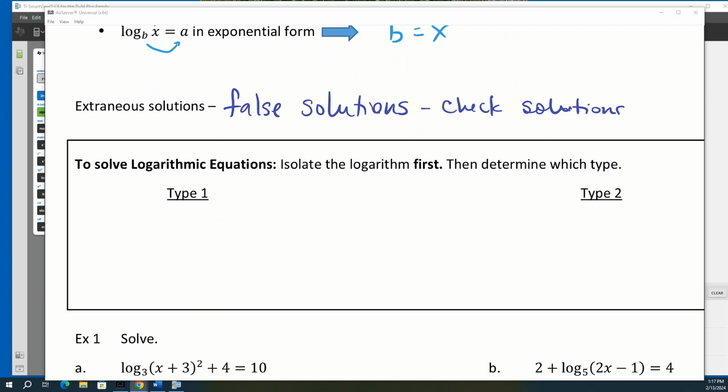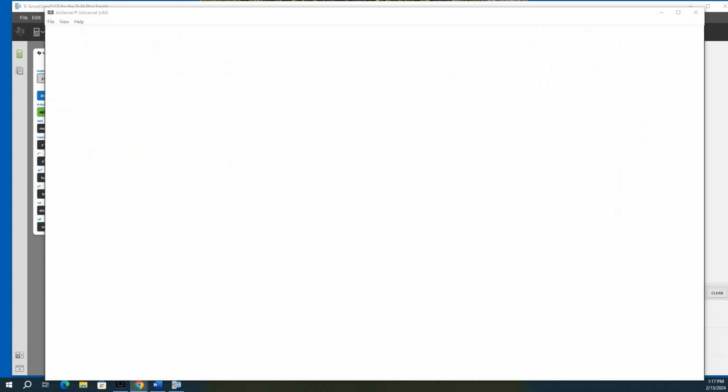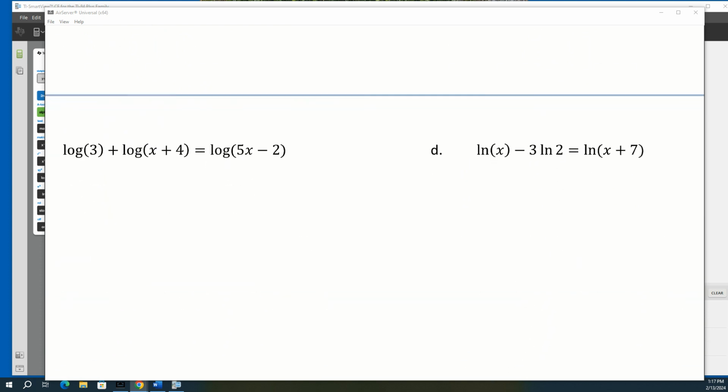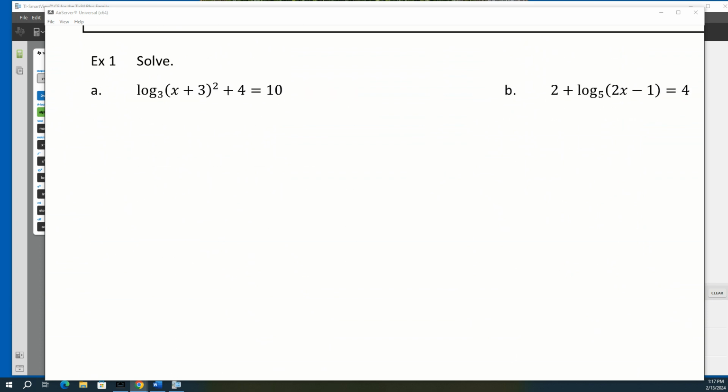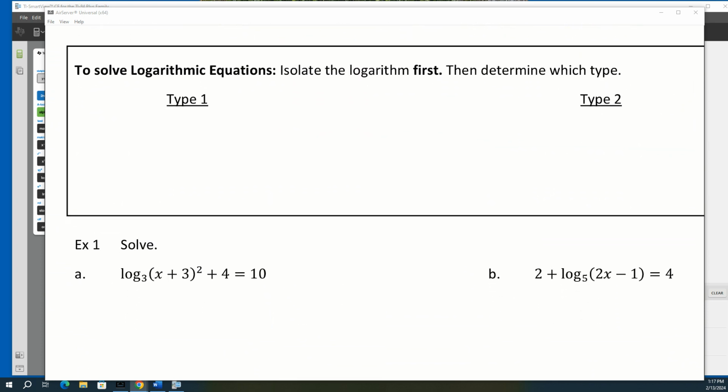Okay. So all of these things we're doing today are solving logarithmic equations. So it's going to be an equation that has a log. Sometimes it says log, sometimes it has ln, but they all have logarithms. And so the first thing you want to do is isolate the logarithm first. So do whatever kind of property or just basic equation solving stuff, moving things around to isolate the logarithm. Then you're going to decide if it's type 1 or type 2.